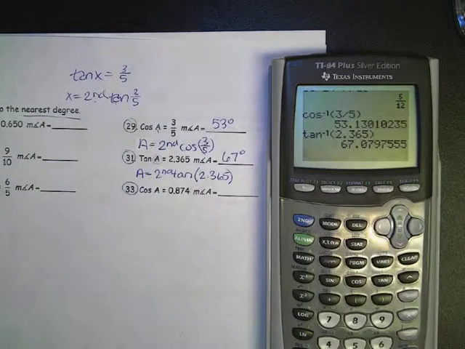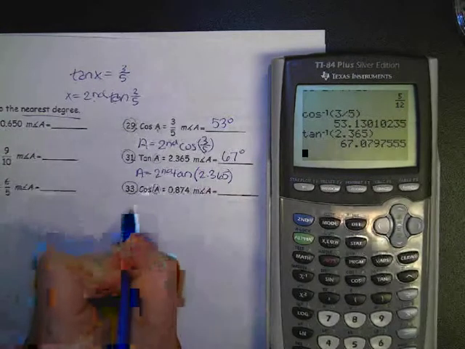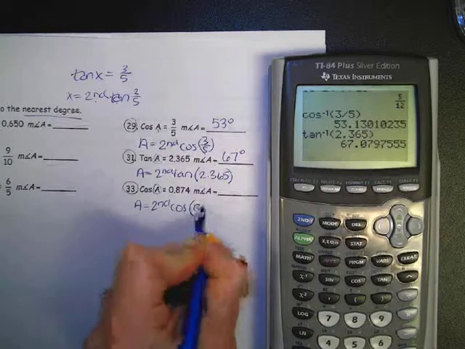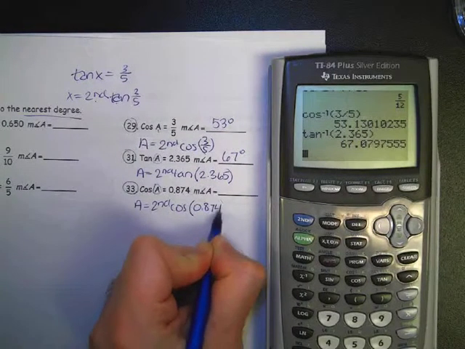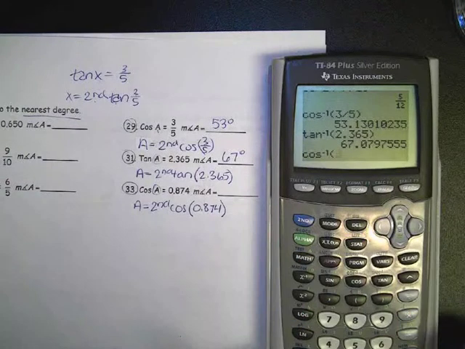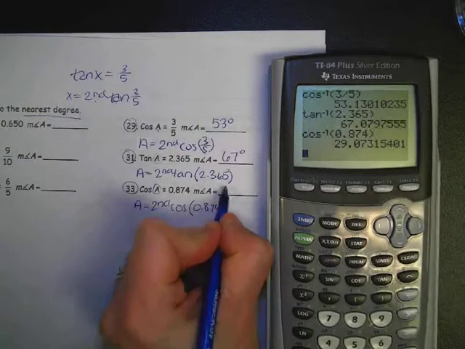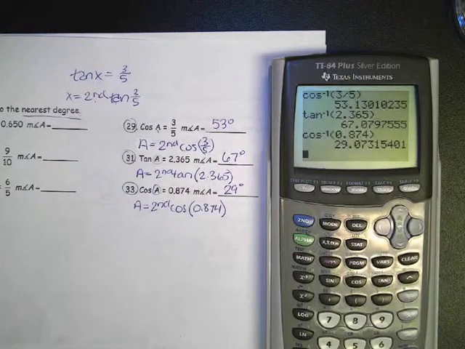Number 33, this time it's cosine, so we're going to cancel out cosine by saying second cosine of the number they gave us, which is 0.874. Second cosine of 0.874 comes out to 29.0, which rounds to 29 degrees.